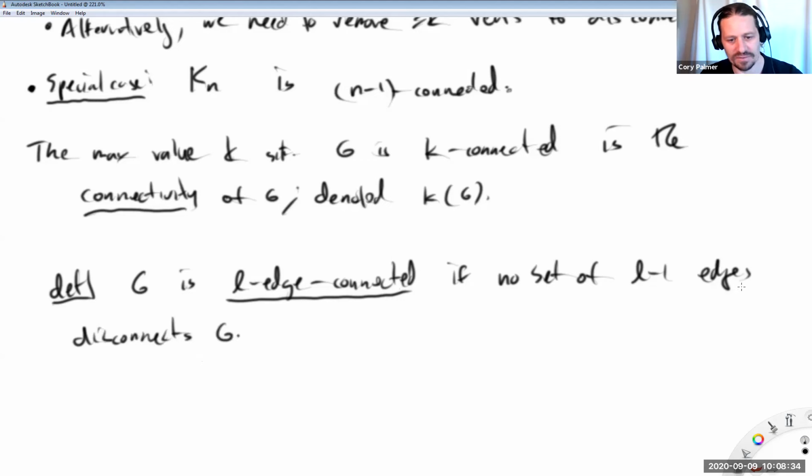If I say a set of L minus 1 edges disconnects G, I mean that removing that set of L minus 1 edges results in a disconnected graph. That's what it means to disconnect the graph. So it's L edge connected if it's safe under the removal of any L minus 1 edges. Same exactly situation as the vertex one. So in other words, you must remove at least L edges to disconnect.